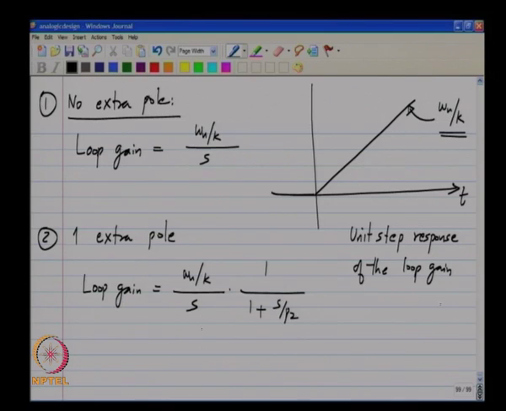Okay. Now, to study the step response of this, we can expand this in a partial fraction.